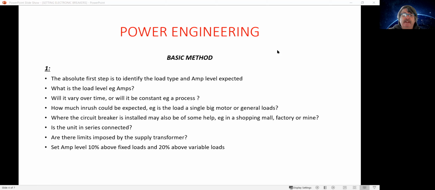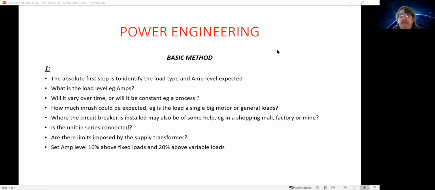We need to know if there are any series connected products in there, because with electronics, we always want the one closest to the short circuit to trip. So inherently in these calculations, we've got to step backwards as we go back to the actual transformer. Are there supply limits imposed by the supply transformer even?